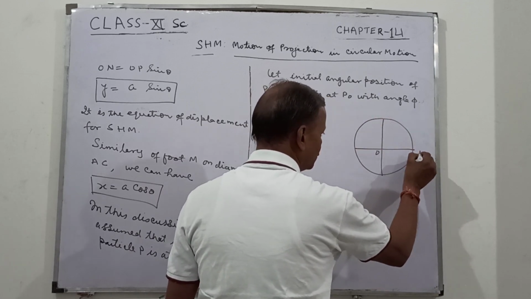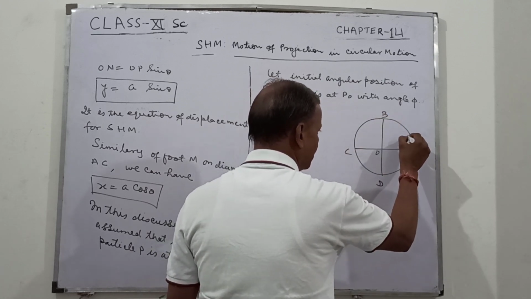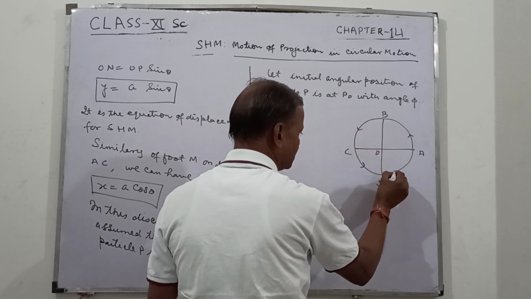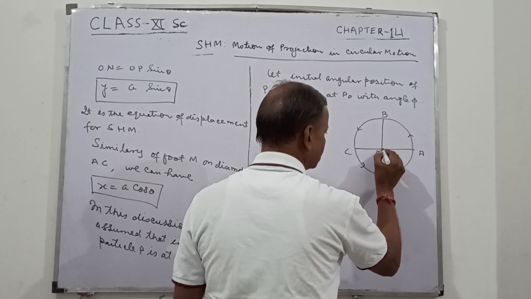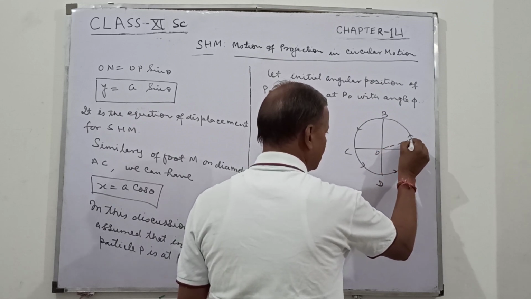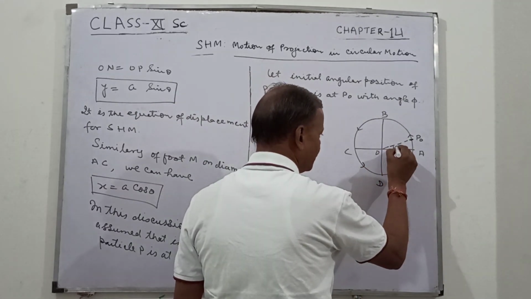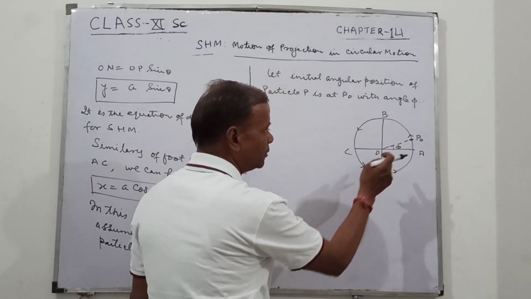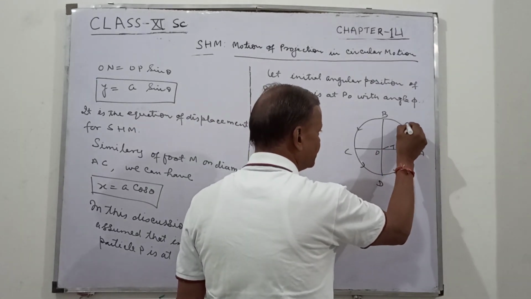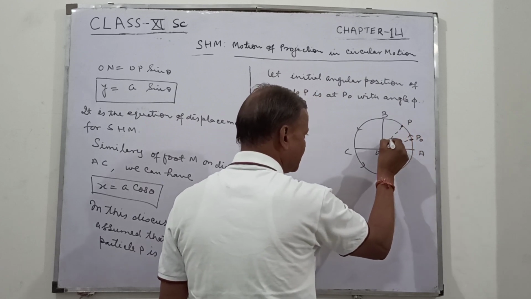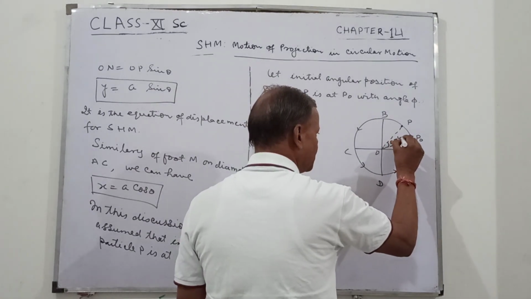This is O, this is A, B, C, D, the particle is moving like this, and initially the particle is at this point P naught, at an angle of phi. Now the particle starts the motion from P naught. Then it reaches the point P, such that this angle is theta. So theta is equal to omega t.